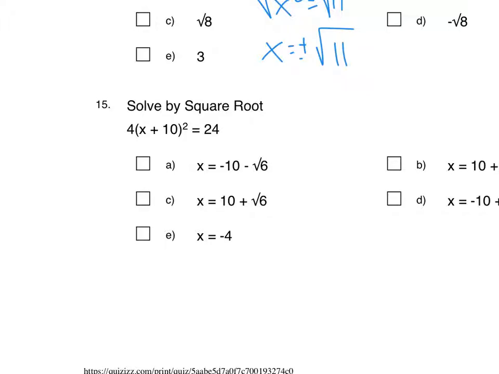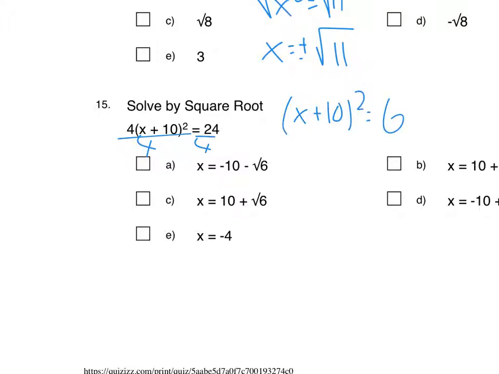All right, number 4. So now this time, our squared term is this whole x plus 10. So anything outside of that, I then want to get by itself. So I'm going to divide by 4, and we get x plus 10 squared equals 6.